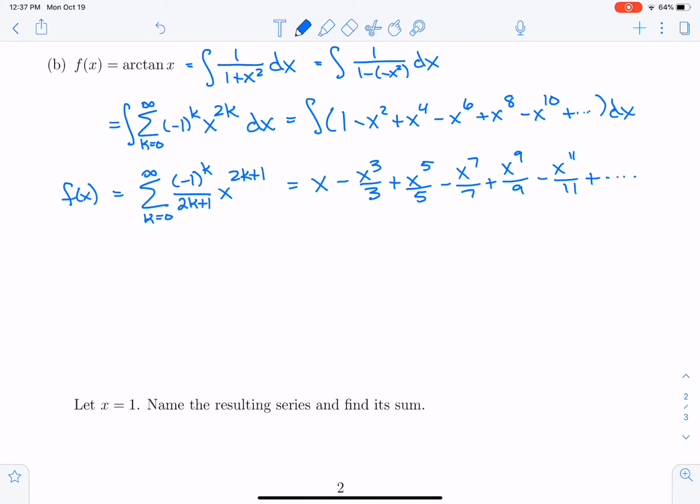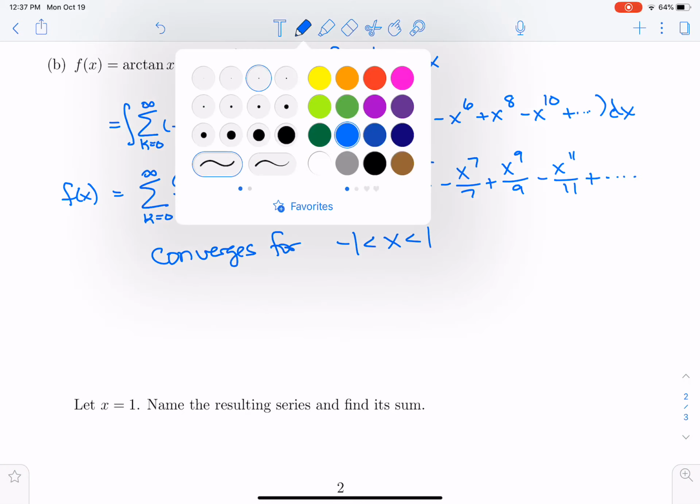In fact, we know that this series converges for x between negative 1 and 1. That is simply because the geometric series that it came from converged between minus 1 and 1. We'd have to check negative 1 and 1 separately.